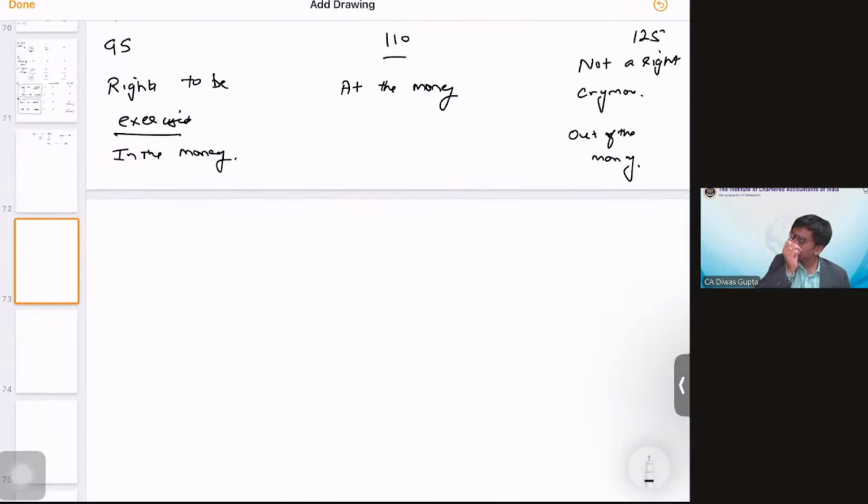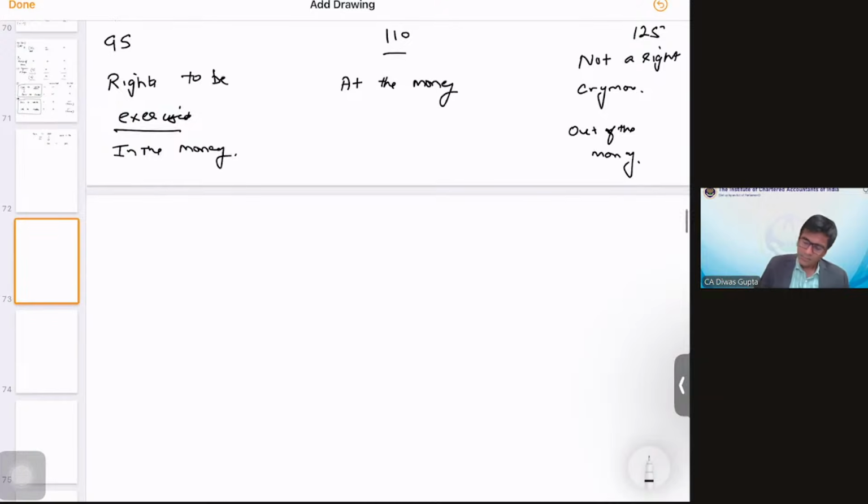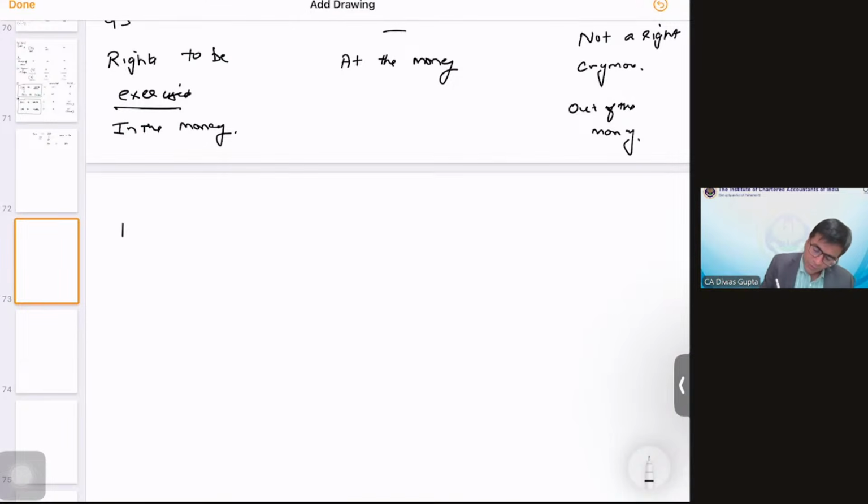Now let's come to the holder. From the holder's perspective, a call option will be better if the spot price goes up beyond the strike price. So this is finally our conclusion.